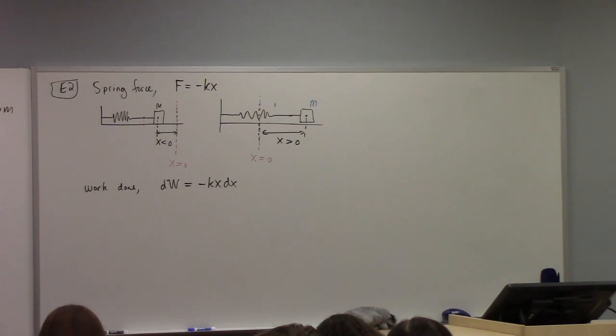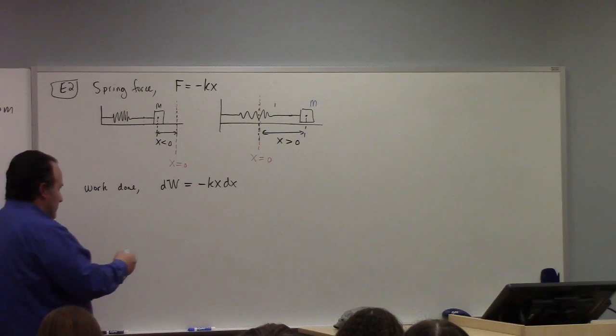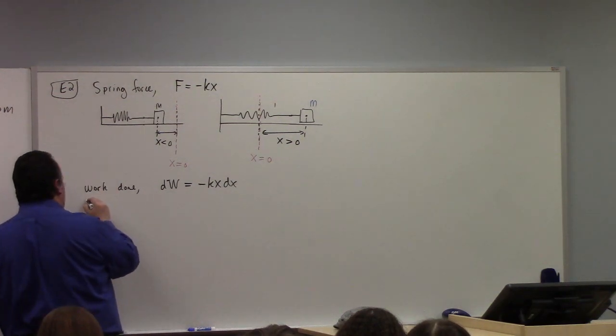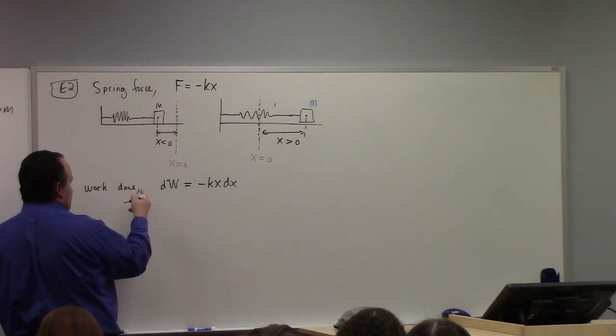The reason I need to think about that is that I can't just do force times distance because the force is variable, right? But if I think about the little bit of work that's done moving the spring just a little smidgen dx at x, that gives me a little bit of work done.